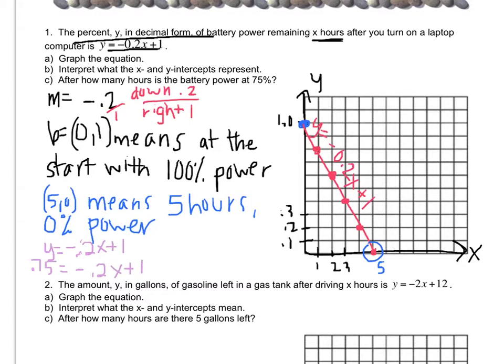When you solve that, I'm going to skip all the steps, you get 1.25 hours. So your battery power is at 75% after 1.25 hours.